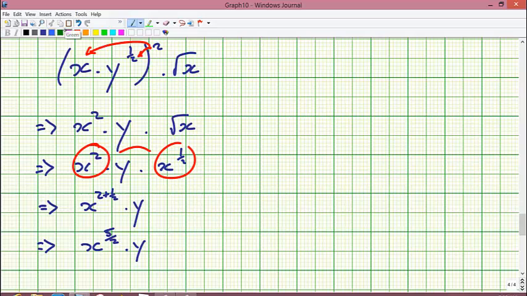Let's try one more final example. Similar looking problem. Again, we start off by distributing the original power.